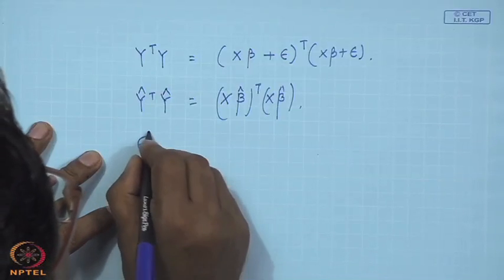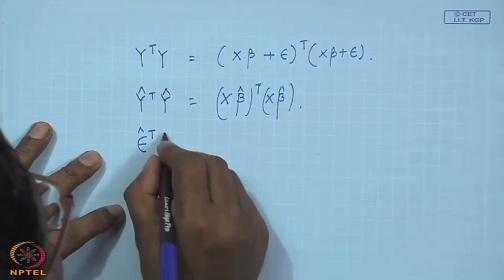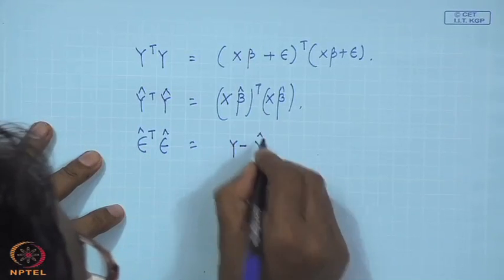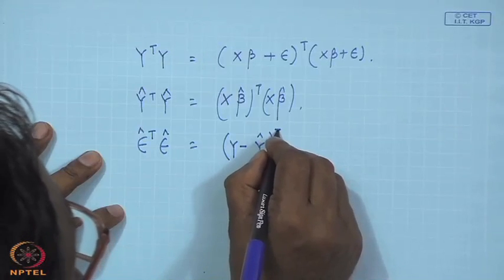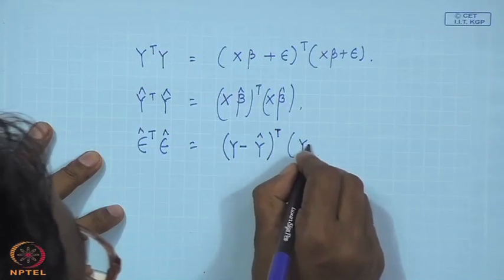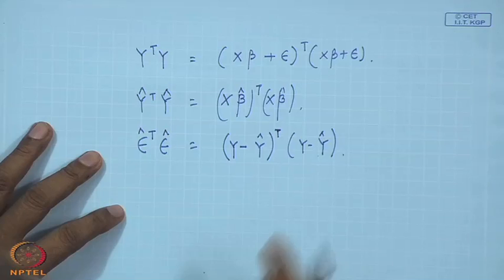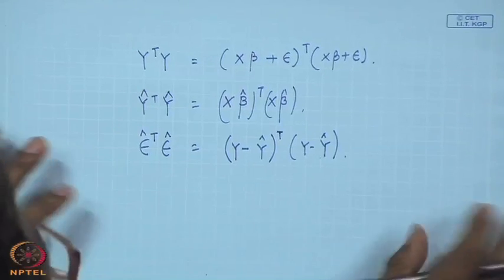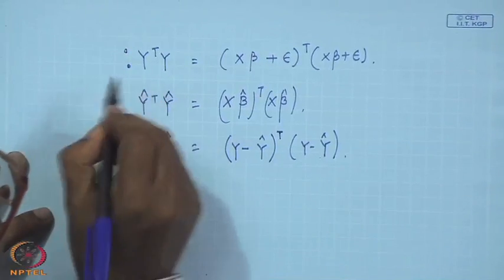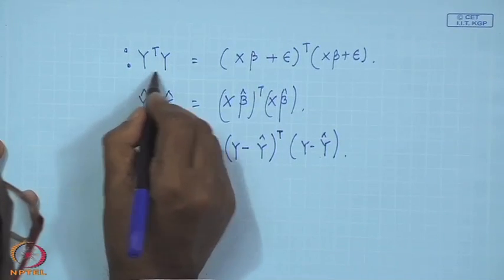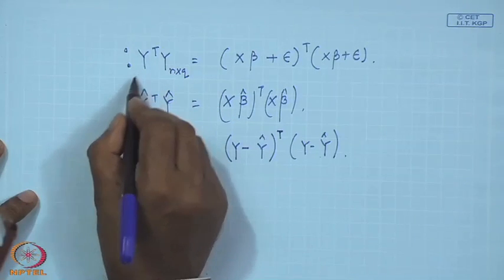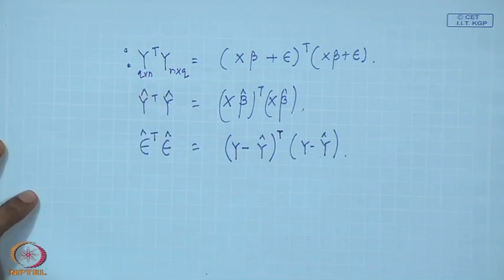Similarly, I can write epsilon cap transpose epsilon cap, which is nothing but Y minus Y cap transpose Y minus Y cap. Now, I want to know what this Y transpose Y is. What is Y? Y is n cross q. Then what is its transpose? Q cross n.